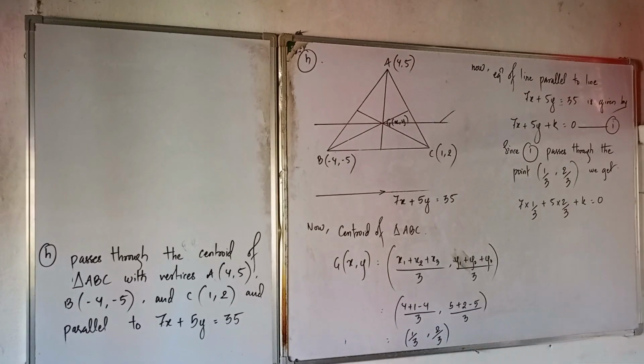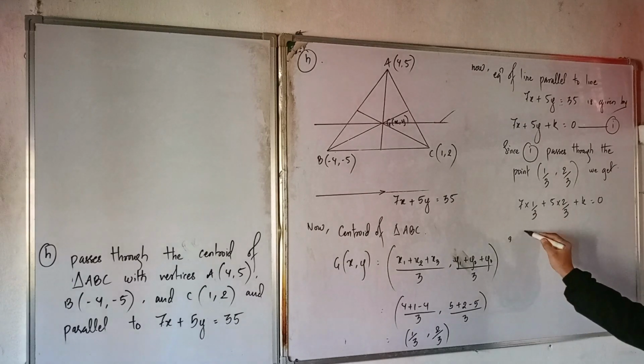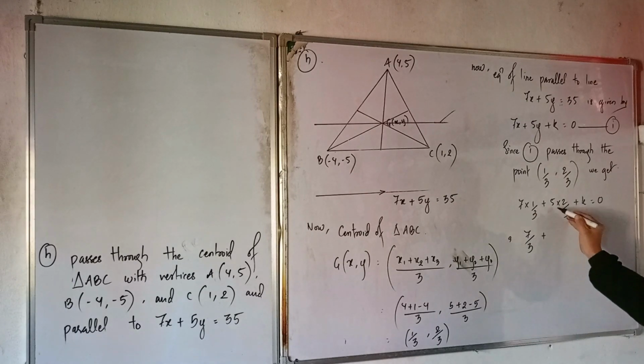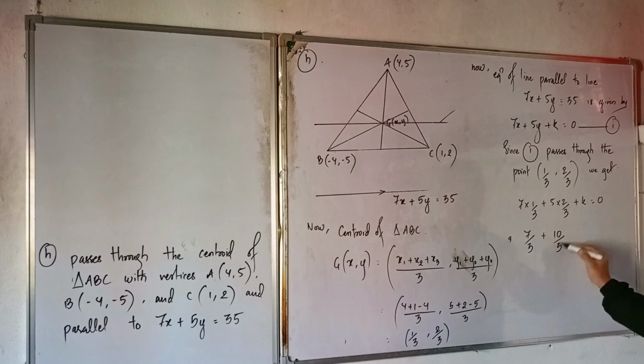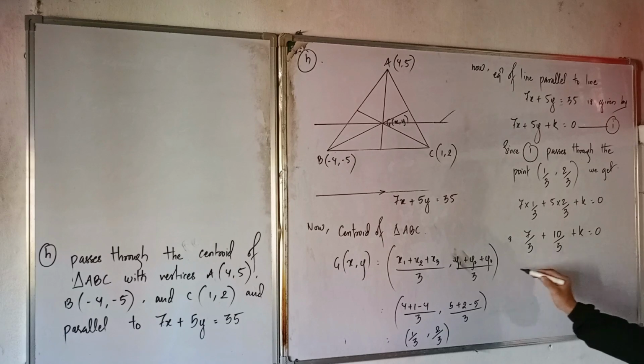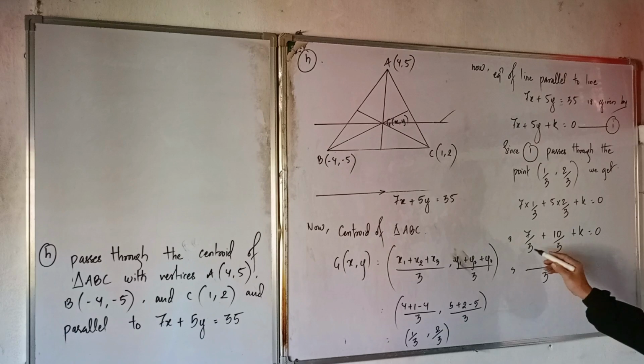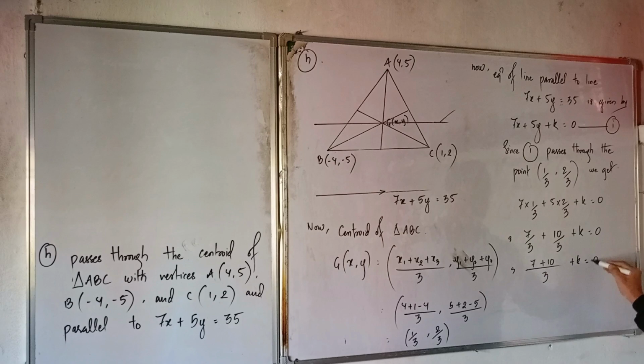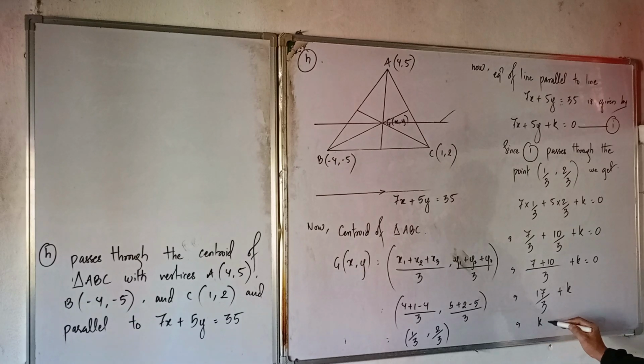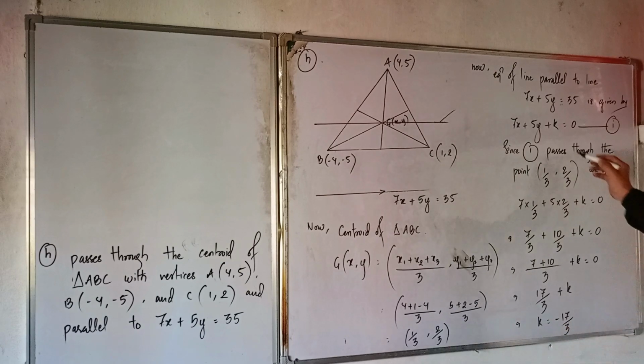On further simplification, this will be 7 by 3 plus 10 by 3 plus k equals 0. Now take the 3 common: 7 plus 10 by 3 plus k equals 0, so 17 by 3 plus k equals 0, or k equals minus 17 by 3. Now just substitute the value of k equals minus 17 by 3 in this equation, and you will get the required equation.